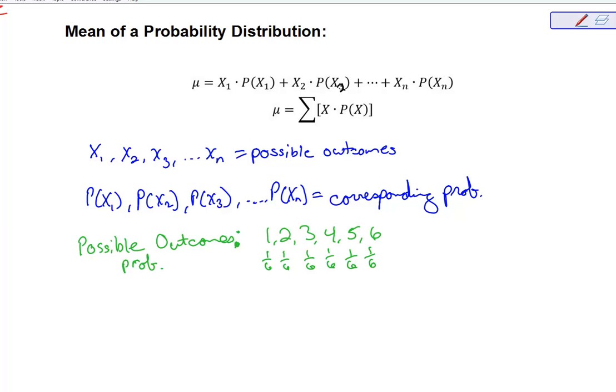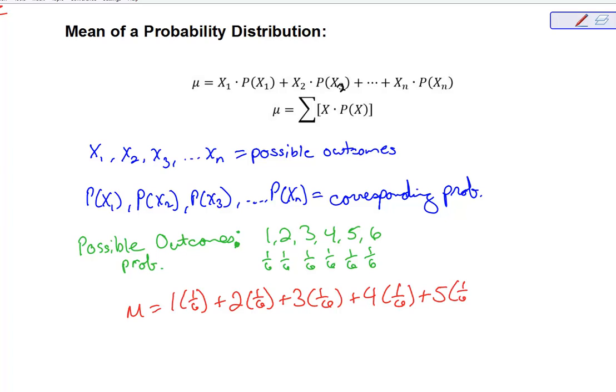Therefore, the mean of this is going to be 1 times 1/6 plus 2 times 1/6 plus 3 times 1/6 plus 4 times 1/6 plus 5 times 1/6 plus 6 times 1/6.